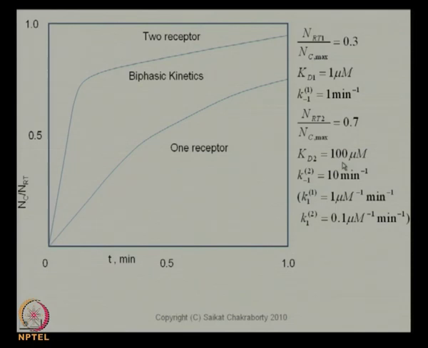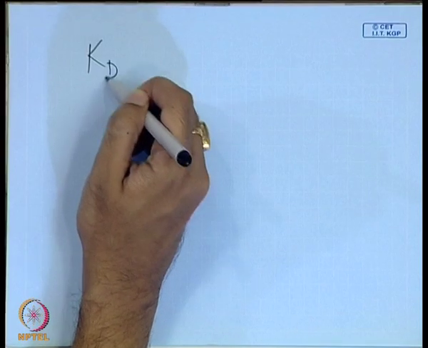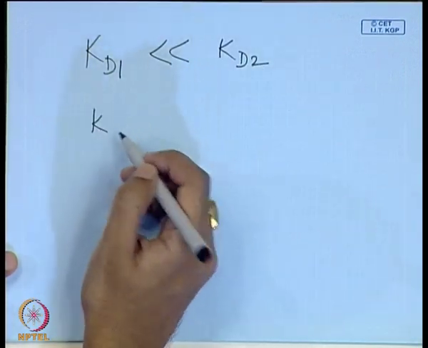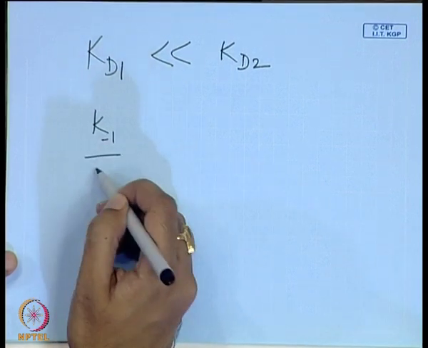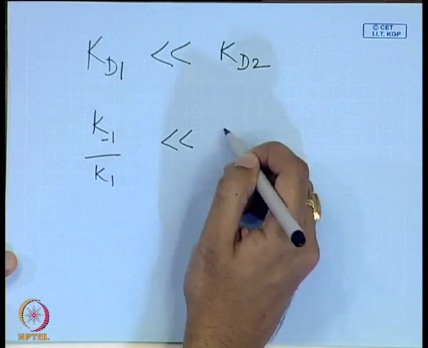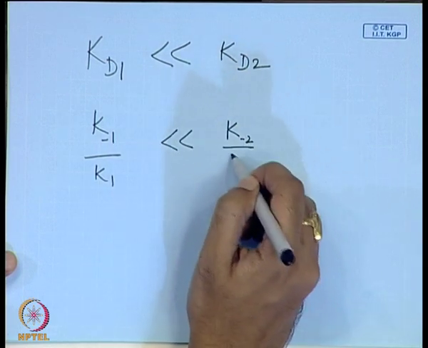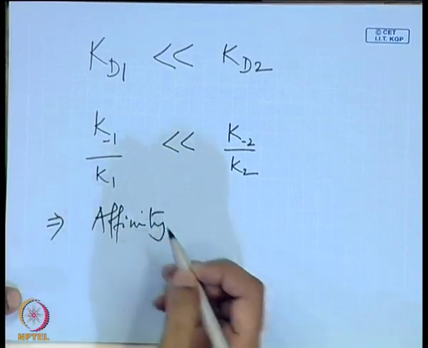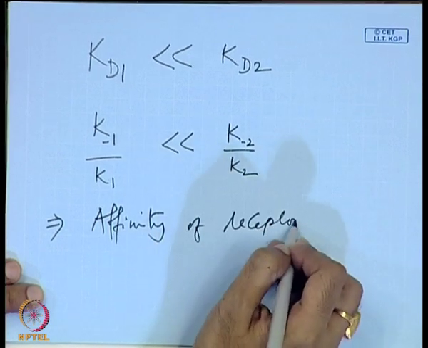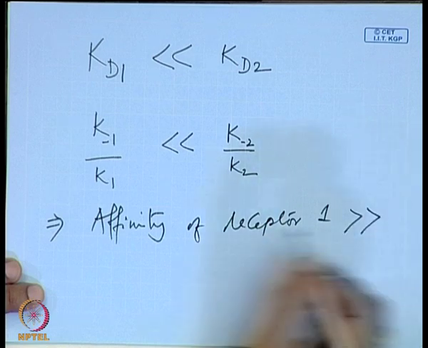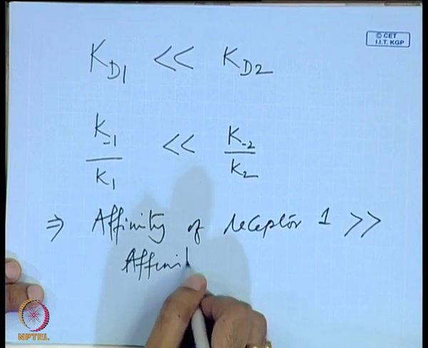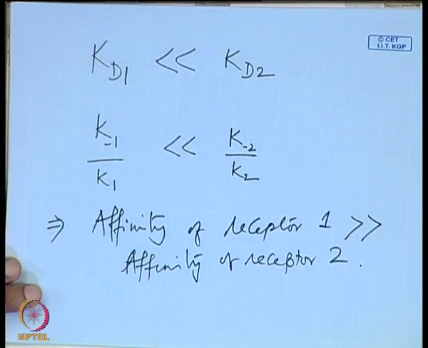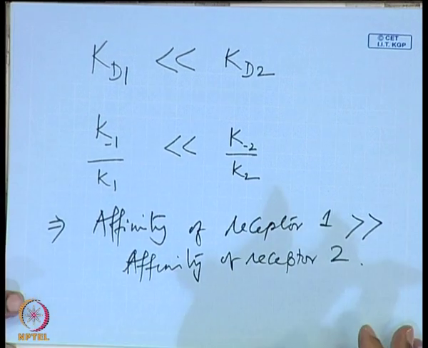So, if Kd1 is much smaller than Kd2, as is the case, then K minus 1 over K1, that is the backward rate constant over the forward rate constant, is much smaller than K minus 2 over K2, which means the affinity of receptor 1 is much higher than the affinity of receptor 2.